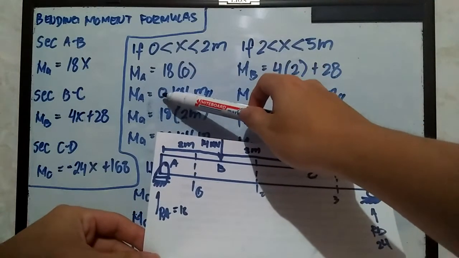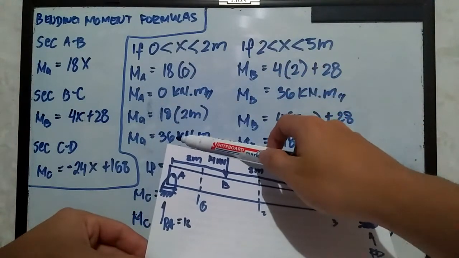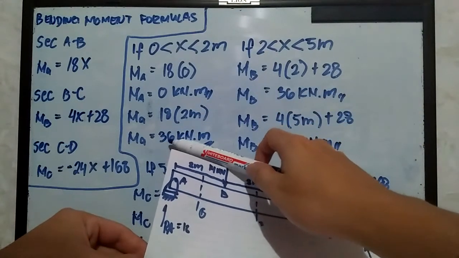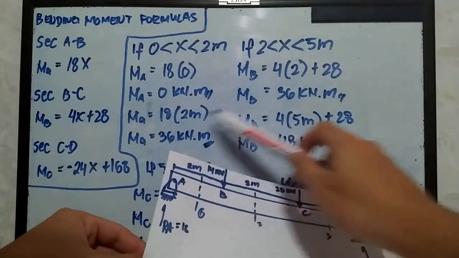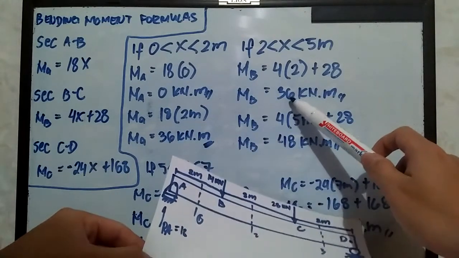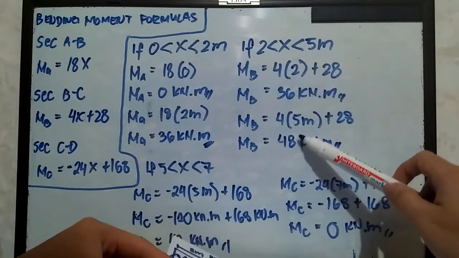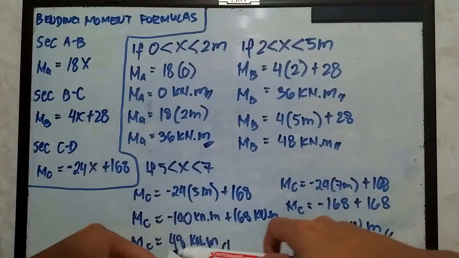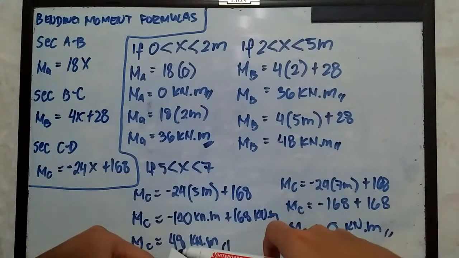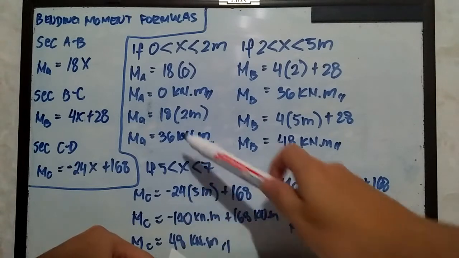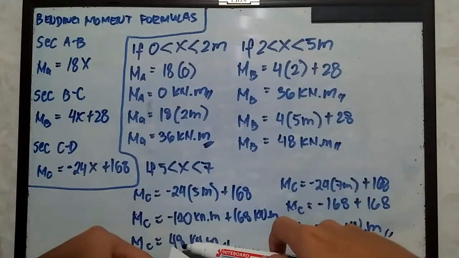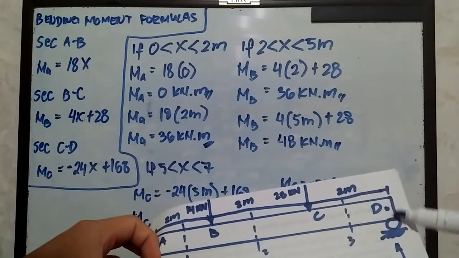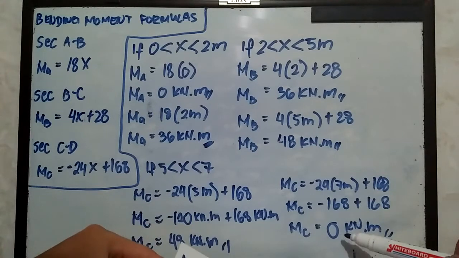And then at point B, from 36 at the end of section A, it became 36, so it's equal. If x equals 5, it became 48. And then solving for section C-D, if x equals 5, it became equal again, so 48, 48. And then by the end of the beam, which is at this portion, it became 0.